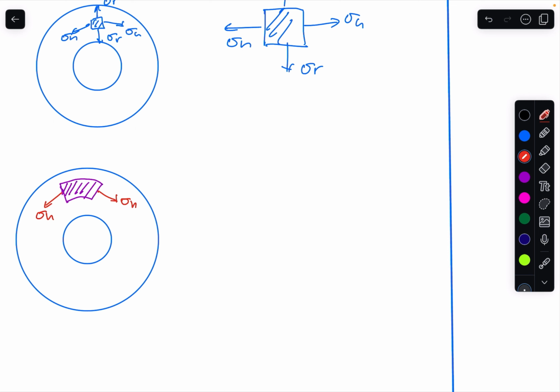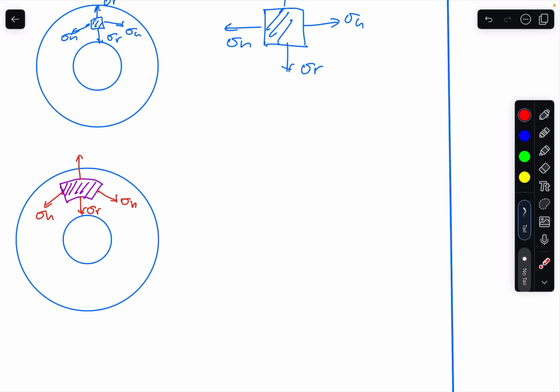We have sigma r here in that direction, but sigma r changes as you move out. Along this radius, the sigma hoop is one value, and we have one value for sigma r here, and at a higher radius we have a different value.